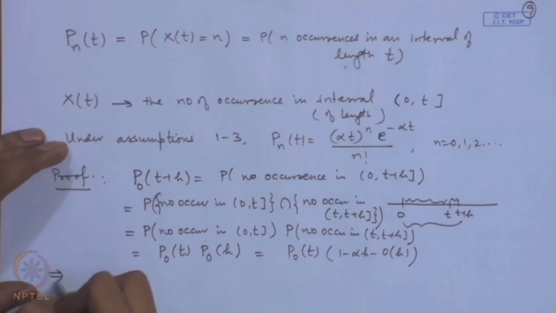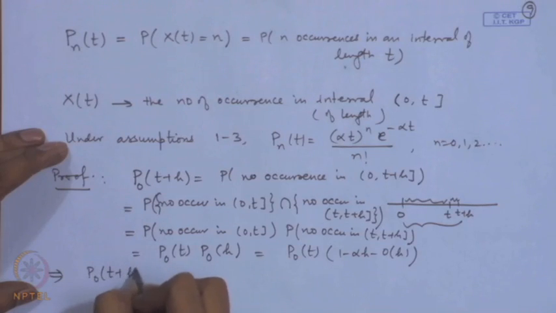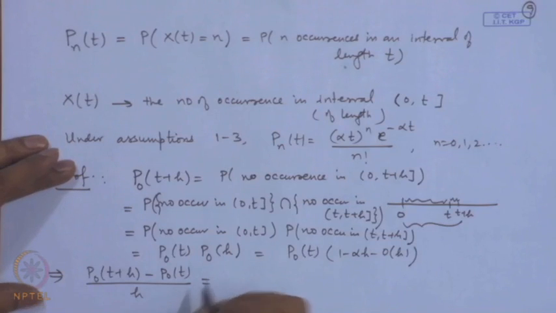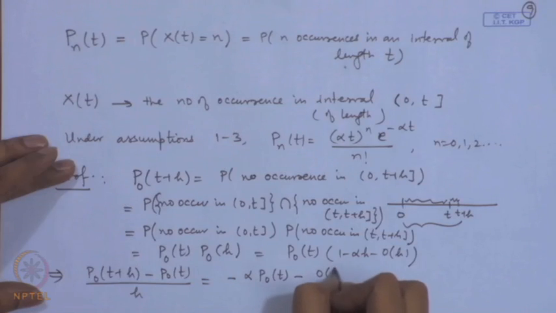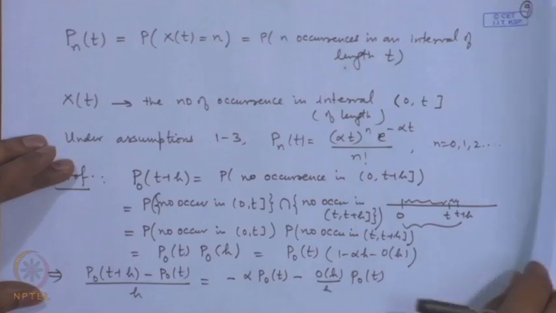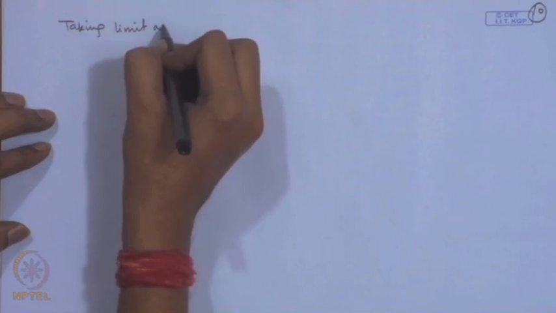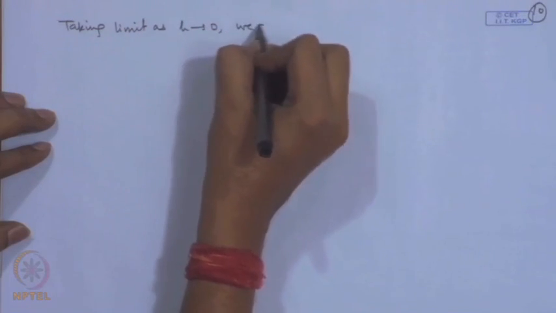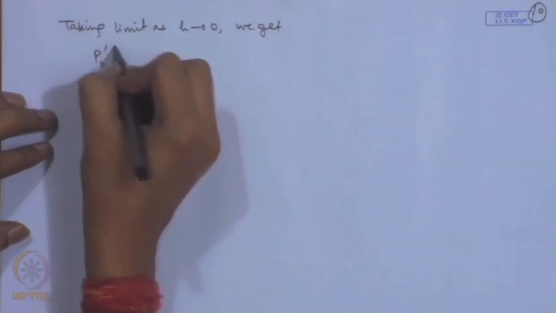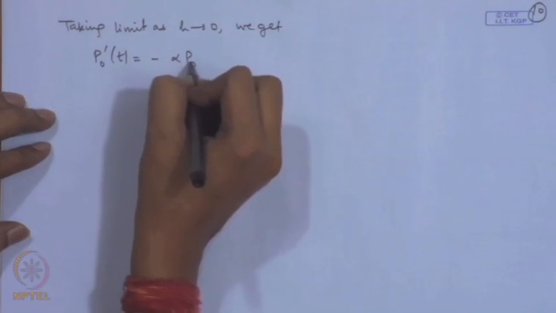So, we can write it as p0(t+h) minus p0(t) divided by h, that is equal to minus alpha p0(t) minus o(h) by h times p0(t). In this one, if we take the limit as h tends to 0, we get p0'(t) is equal to minus alpha p0(t).